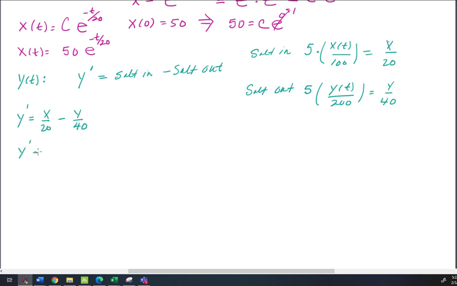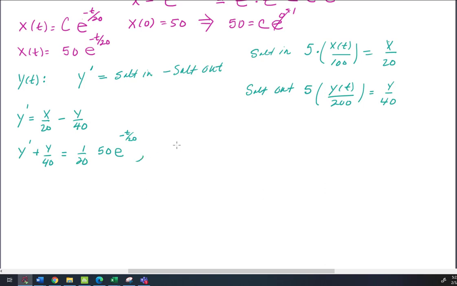Y prime plus y over 40 is equal to x over 20, but let's not write that as x, because I know what x is. I know that x is 50 e to the negative t over 20. So I'm going to write this as 1 over 20, and in place of x, I'm going to say 50 e to the negative t over 20.